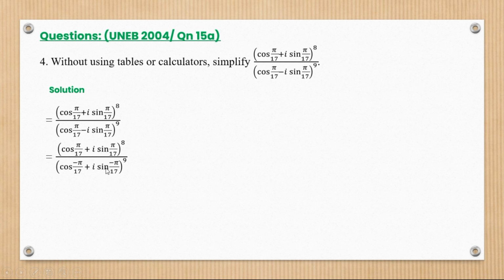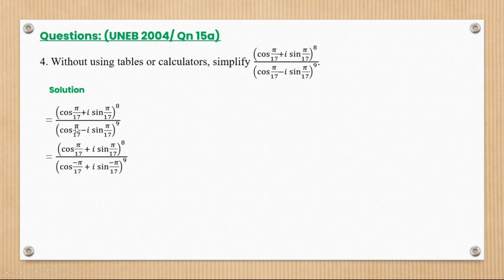From our knowledge of trigonometry, when we have a negative sign, it probably means that the negative came from the value of the angle. So probably this came from i sine negative pi over 17, which is exactly the same as that.